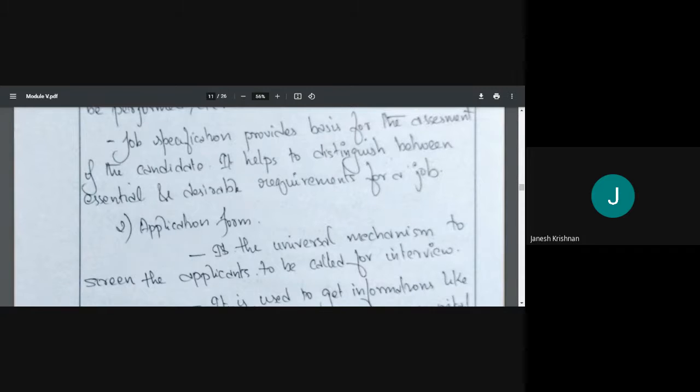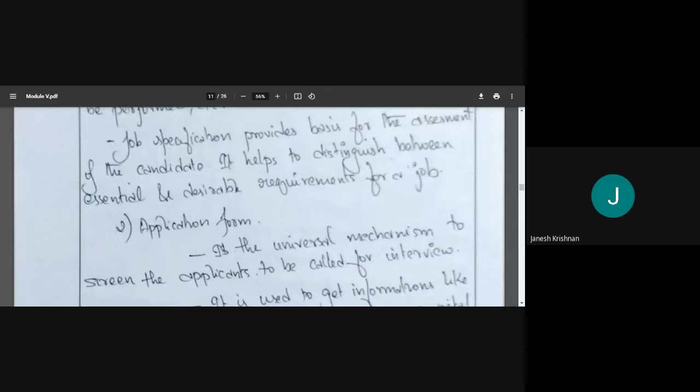That will depend on my job. Suppose I have to give him independent charge, so I need someone who has at least a little bit of experience. He'll be alone in the field, and without any experience, he might not be able to work properly. So I'll say I need a person with 2 years or 3 years of experience. If that is not the case, I'll go for freshers also. That will depend on the job description.